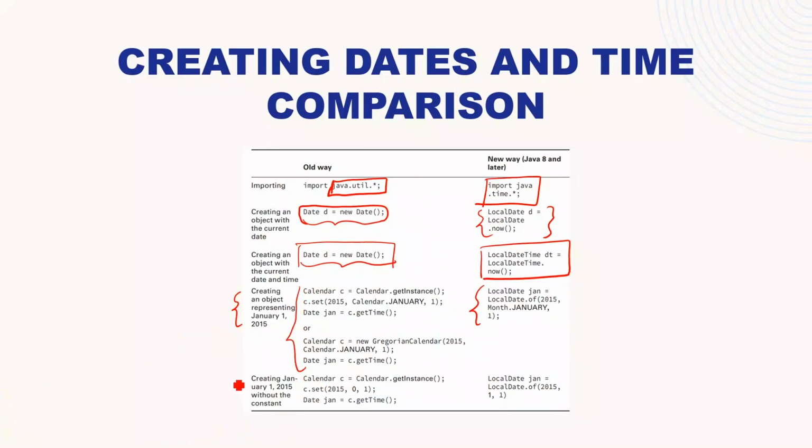If you don't want to use the constant, you can use this c.set method and pass in 2015, 0 and 1. And yeah, in the Calendar class, the set method, where we pass in the year, the month and the date, the month starts from 0, which is pretty weird in my opinion. Okay, you are following the concept of indexes, where indexes start from 0, 1, 2, but you should make it better for users to understand that if I'm using this API, the months should start from 1, but instead it starts from 0, which is pretty annoying for me.